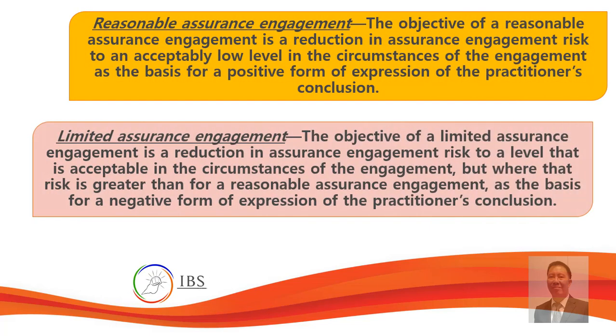So reasonable assurance: the objective of a reasonable assurance engagement is a reduction in assurance engagement risk to an acceptably low level in the circumstances of the engagement as the basis for a positive form of expression of the practitioner's conclusion. In this regard, reasonable assurance will be the highest assurance that an assurance practitioner can provide.